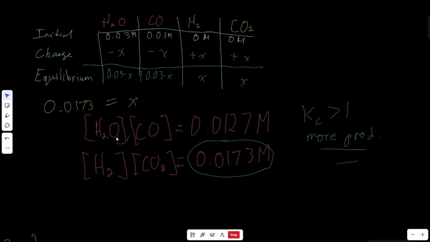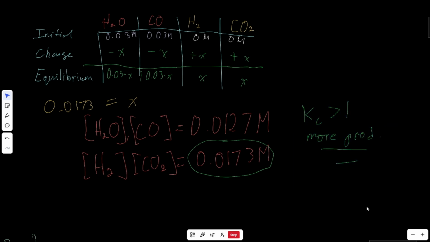And since H2O and CO are both equivalent, their equilibrium concentrations are going to be 0.0127, which we get from substituting x into the equilibrium here. And our change is also the amount of hydrogen gas and carbon dioxide, which gives us 0.0173 M.